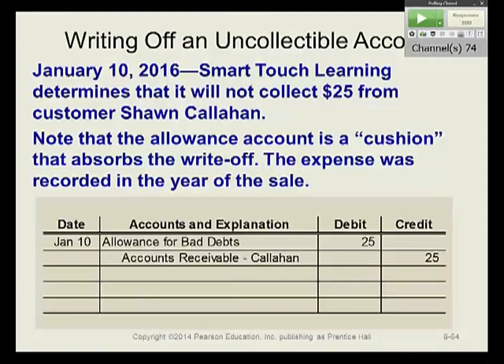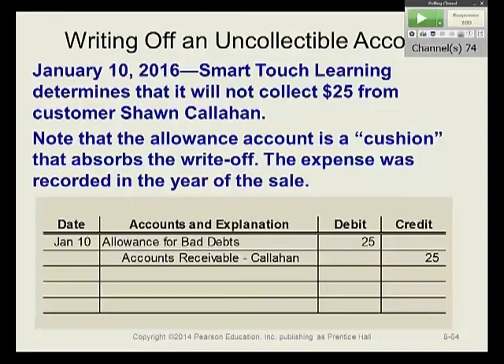So what would happen when we write this off? I'm going to put this on the screen in a second. When you write this off, you're writing it off against the allowance.